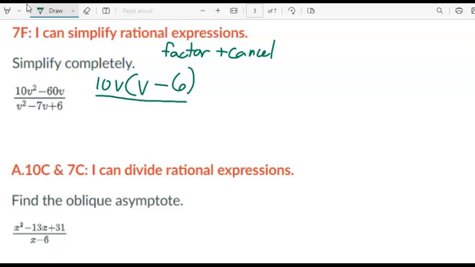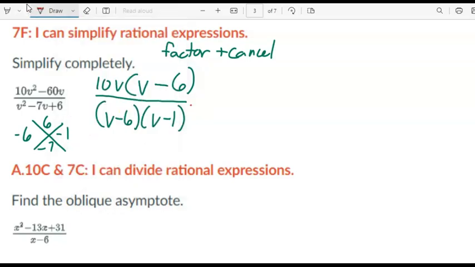And at the bottom, we have 6 and negative 7. Looks like both numbers are going to be negative. Negative 6 and negative 1. Negative 6 times negative 1 is positive 6. Negative 6 plus negative 1 is negative 7. So we have v minus 6 times v minus 1.